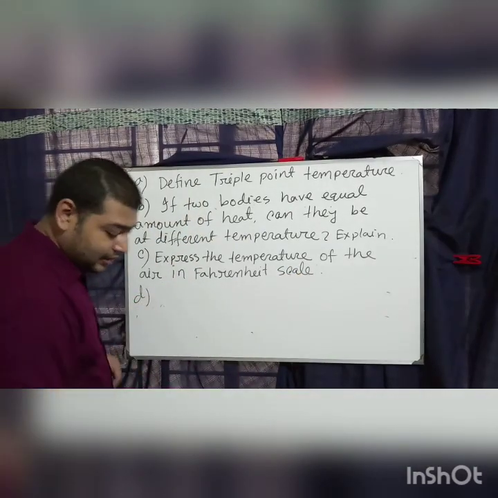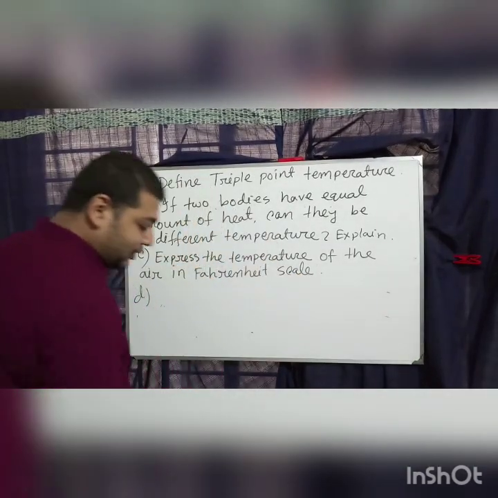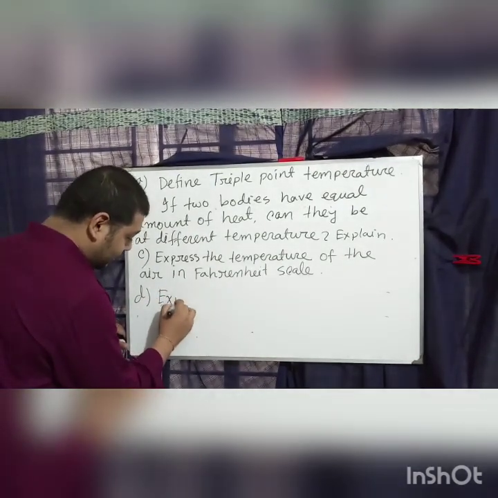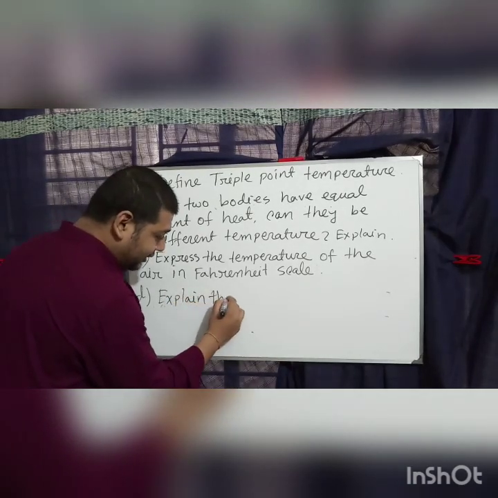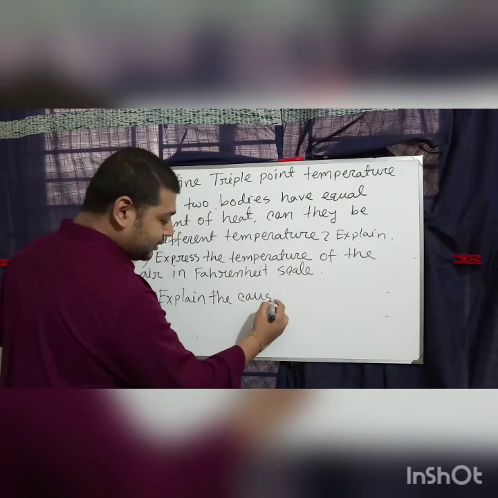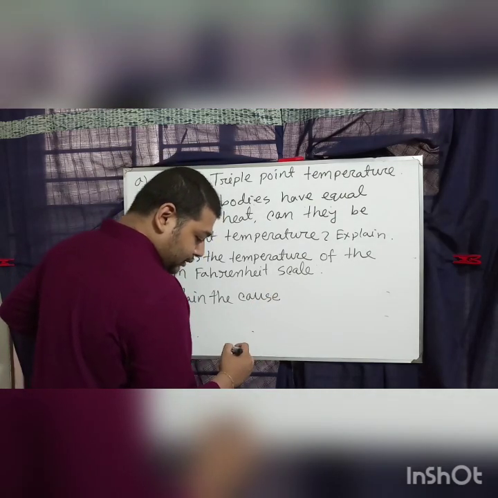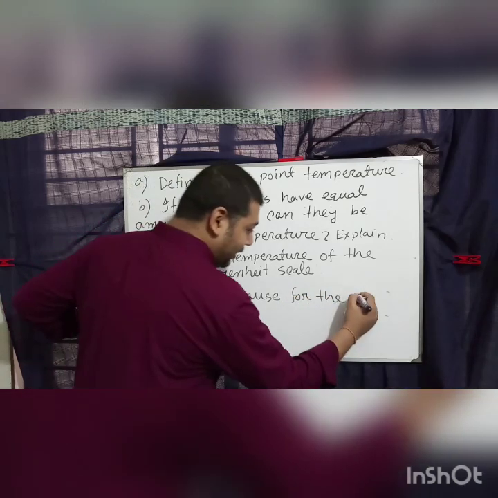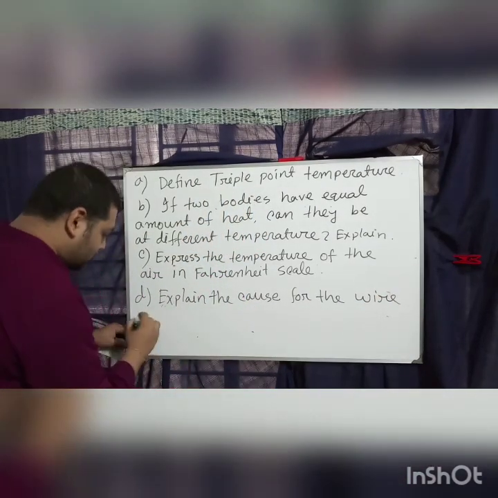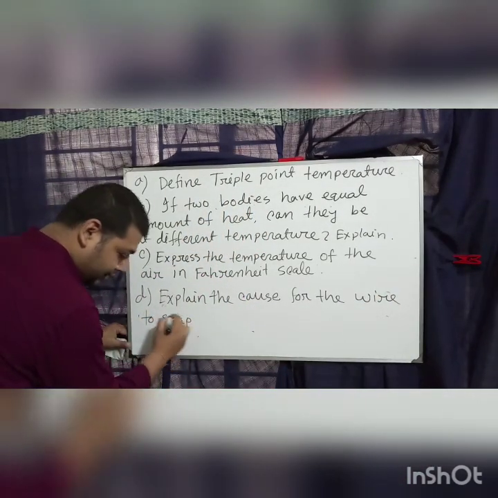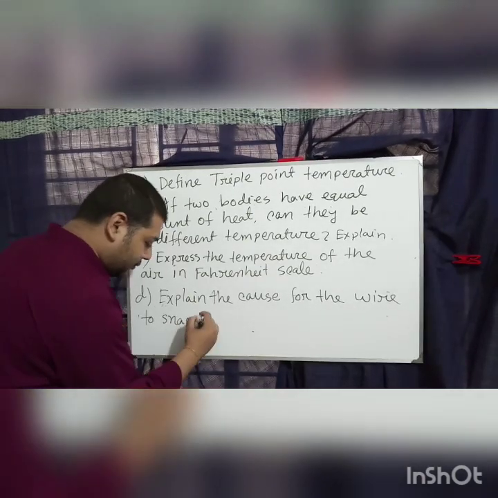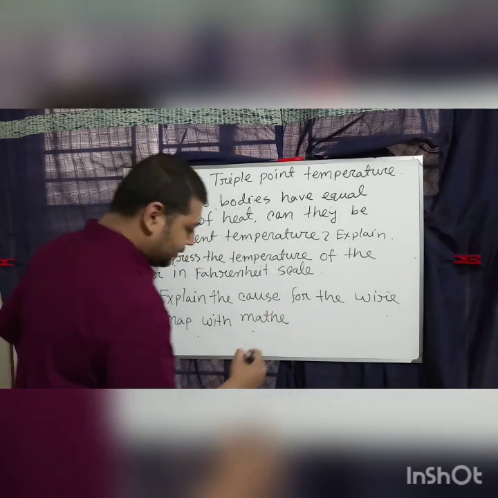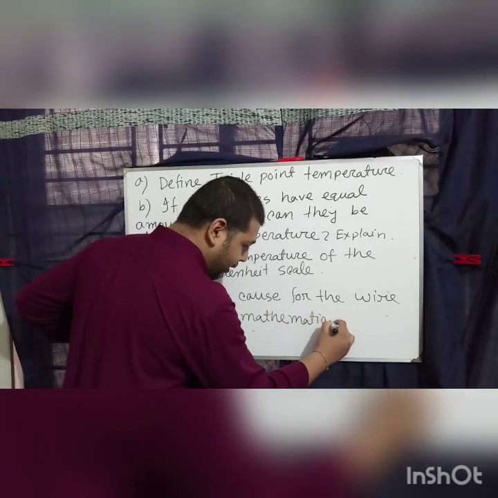And question D is: explain the cause for the wire to snap with mathematical logic.